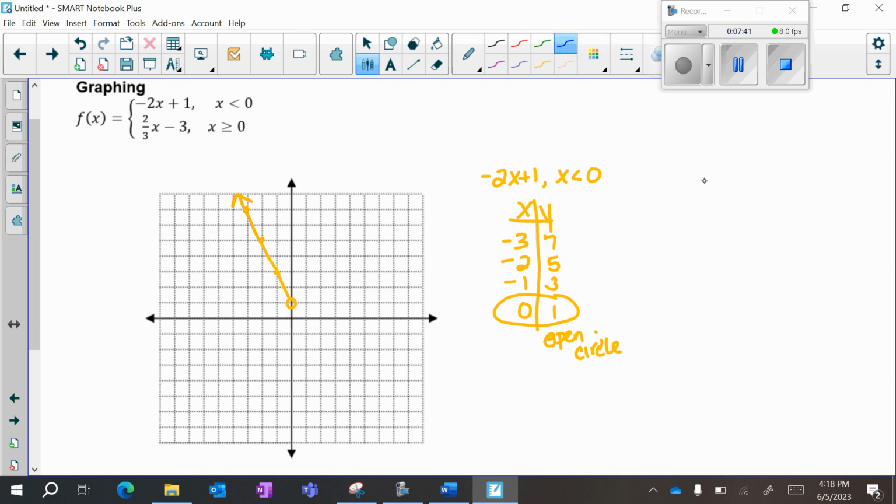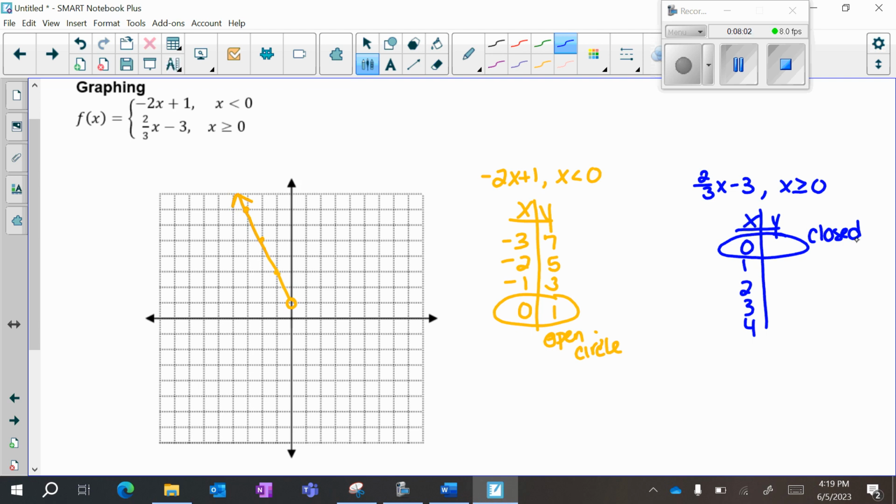So I have 2/3 x minus 3, where x is greater than or equal to 0. So first, my domain, x is greater than or equal to 0. So this is going to be numbers like 0, 1, 2, 3, 4, and so on. Always start here. In this case, it's going to be a closed circle.